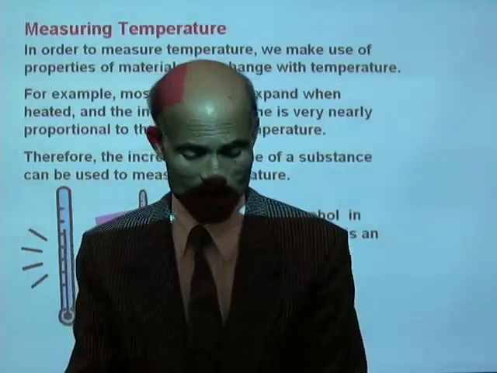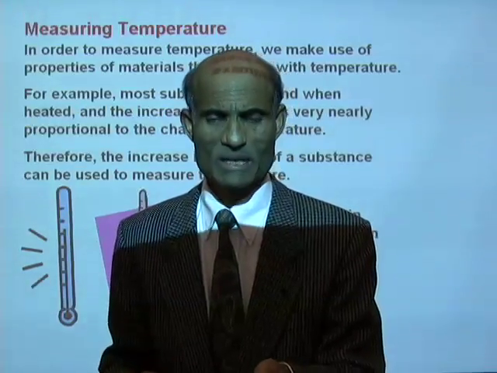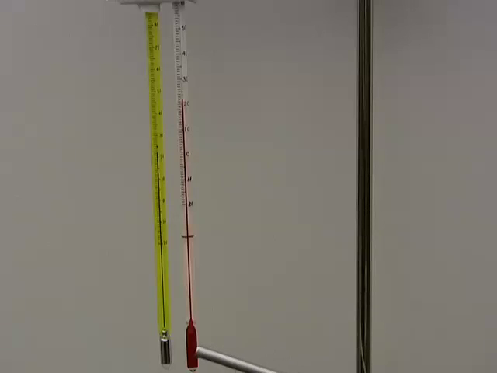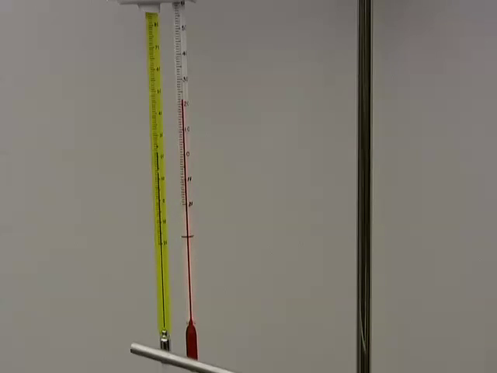I'm sure most of you have seen thermometers, but let me take a minute to show you these two thermometers. An alcohol thermometer that you see in red and a mercury thermometer on the right. Well, you will see it on the left.